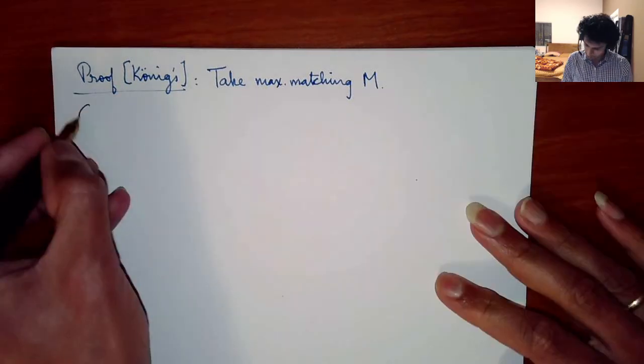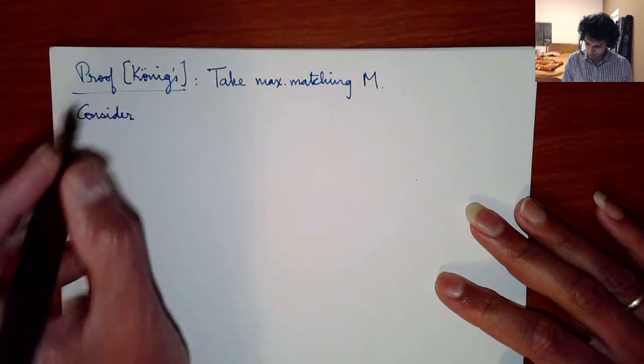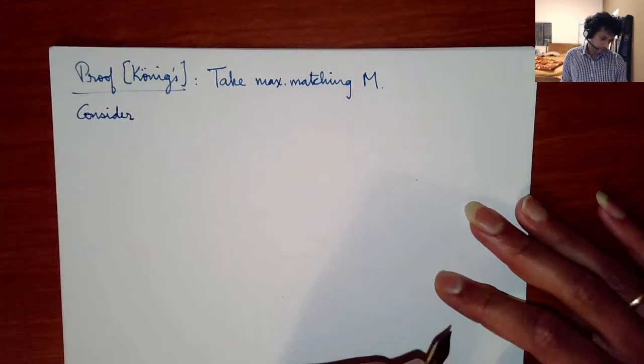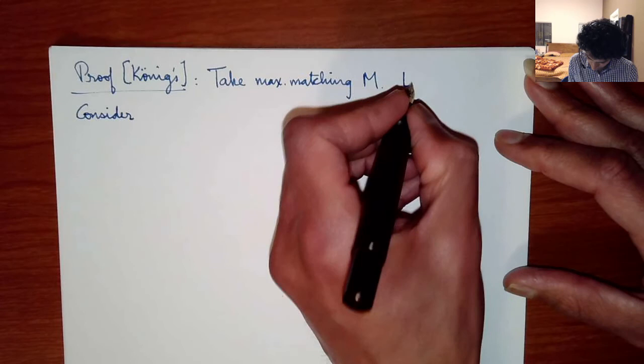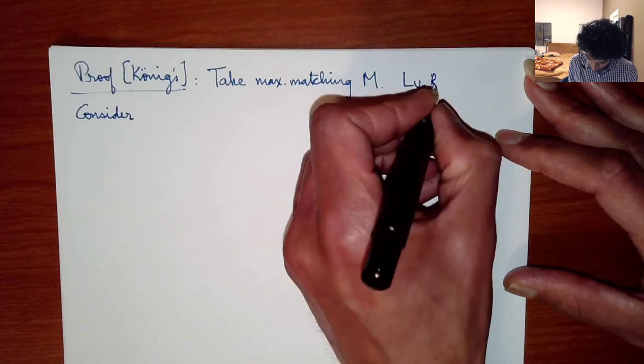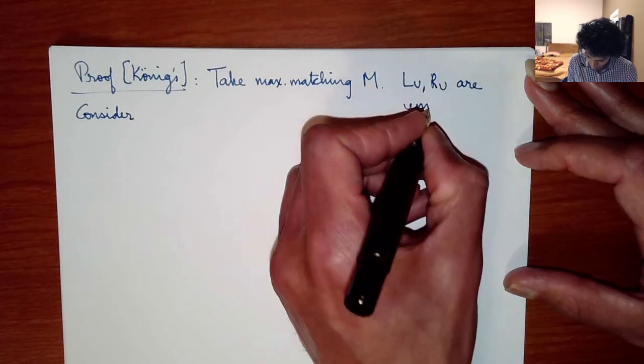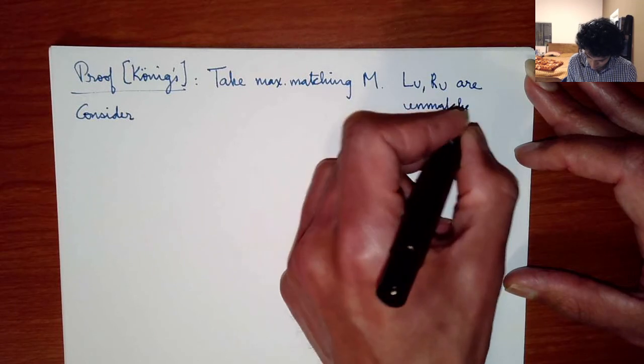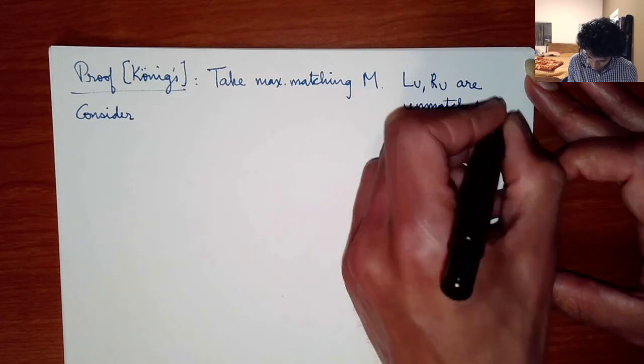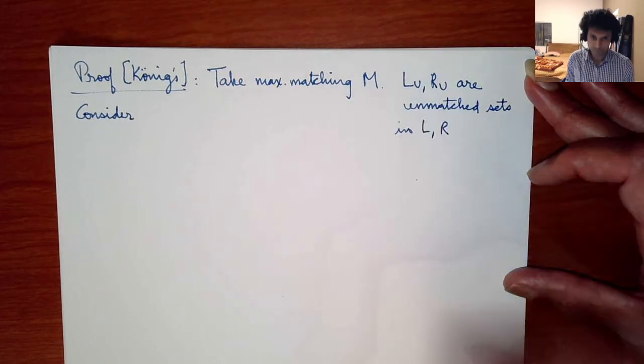Take the maximum matching, and let me define LU and RU as the unmatched sets in L and R respectively.